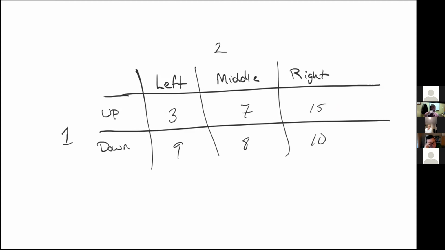And here's the way I'm going to posit this. Player 1, let's say they want big numbers, and player 2, they want small numbers.